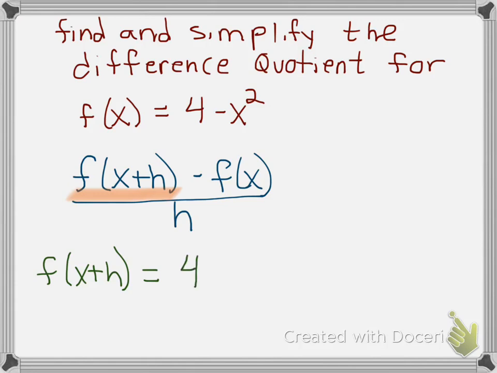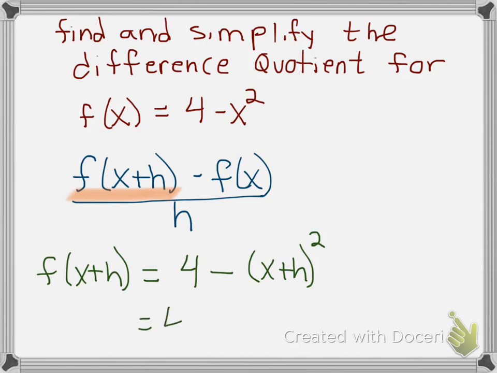So our function is 4 minus x squared, so it's going to be 4 minus x plus h squared. Notice the comparison. It looks almost identical to f of x right up here, except the only thing that's different is the x is now replaced with the parentheses x plus h.